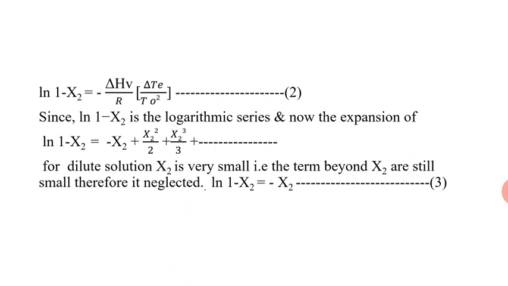Now putting equation 3 in equation 2, we get minus x2 is equal to minus delta Hv upon R into delta T upon T0 square.